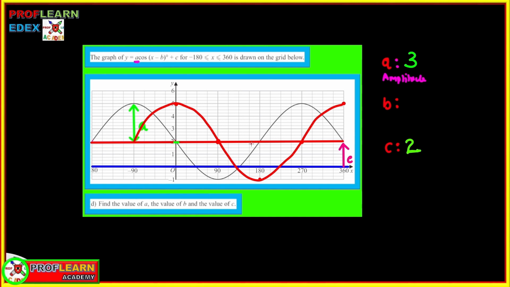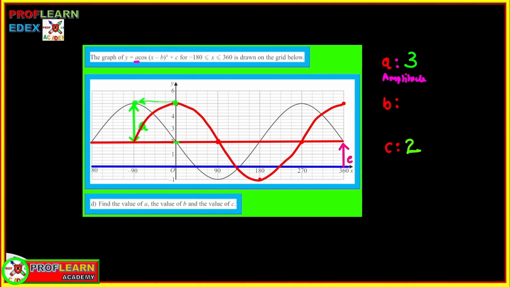If you notice, the maximum point here has moved backward. How many degrees? 90. If you are moving to the left, according to transformation, you need to have positive.